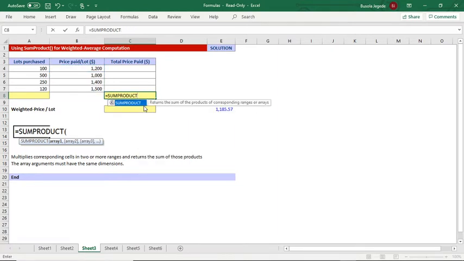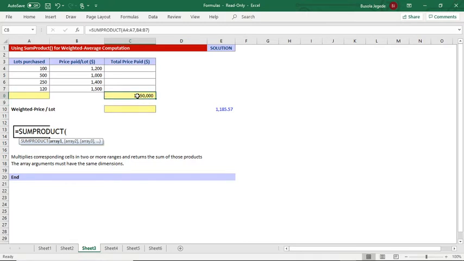you enter the first array, then you put a comma and select the second array. And you can see it gives us the same answer we had before, 1,150,000.